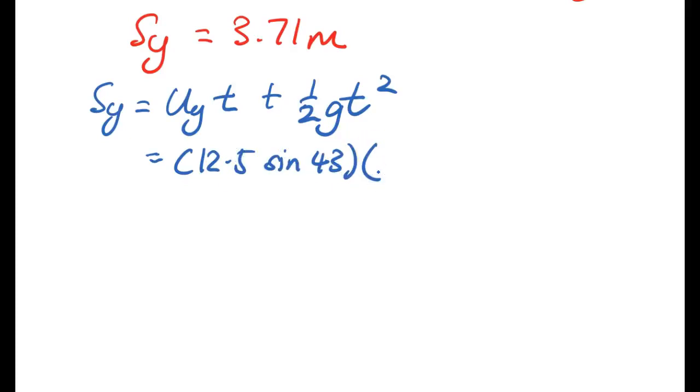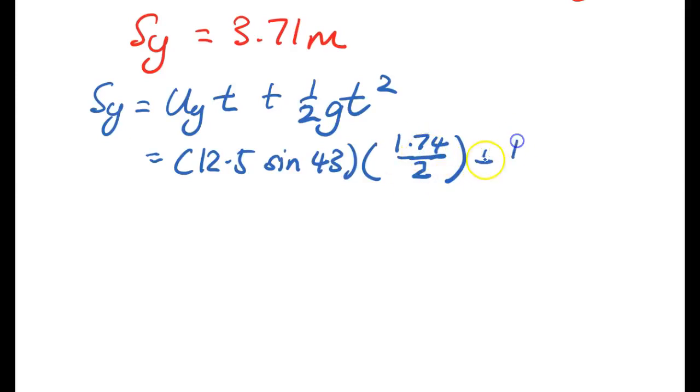And what do you substitute for the t? That is the main question. Since this trajectory is symmetrical, maximum height occurs at the half time. So if the total time of flight is 1.74, at maximum height the time shall be 1.74 divided by 2. That will be the time at exactly the maximum height. So this shall be your t.